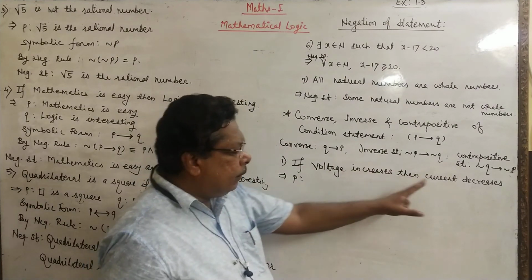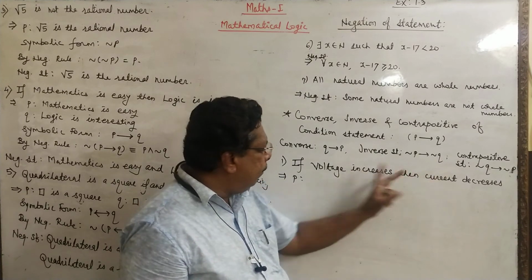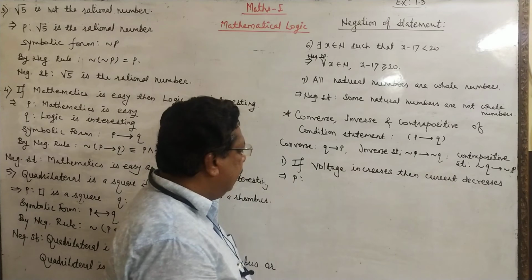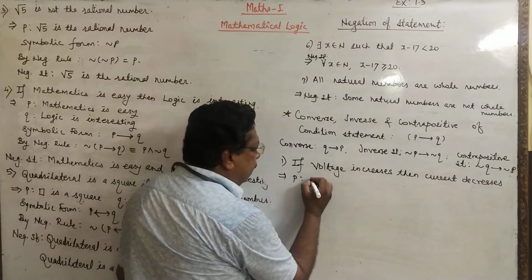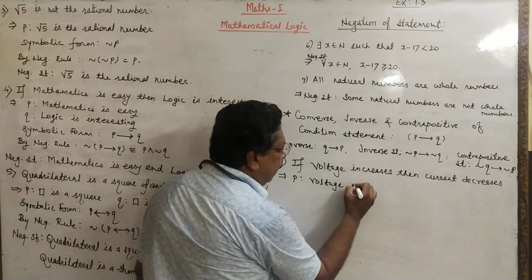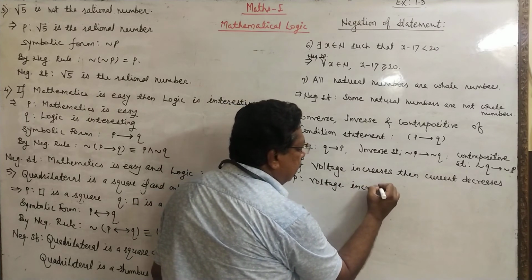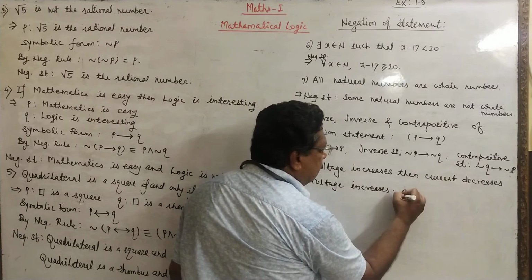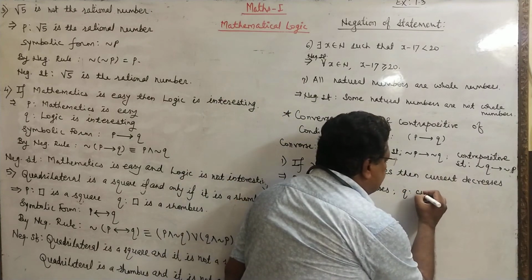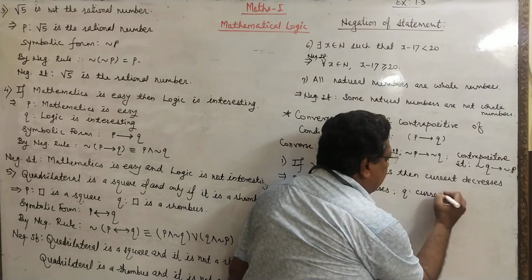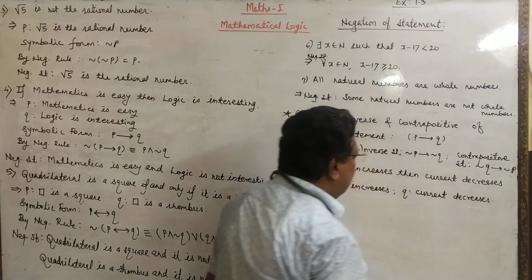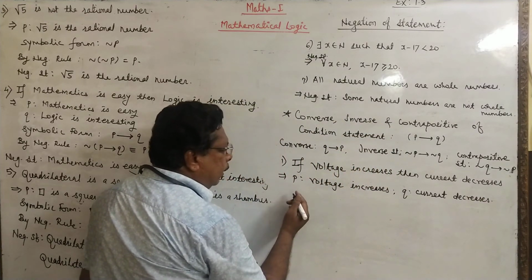There are two statements joined by the connective if then, therefore it is the conditional statement. So the first half is P: voltage increases. What is the statement Q? The second half: current decreases.